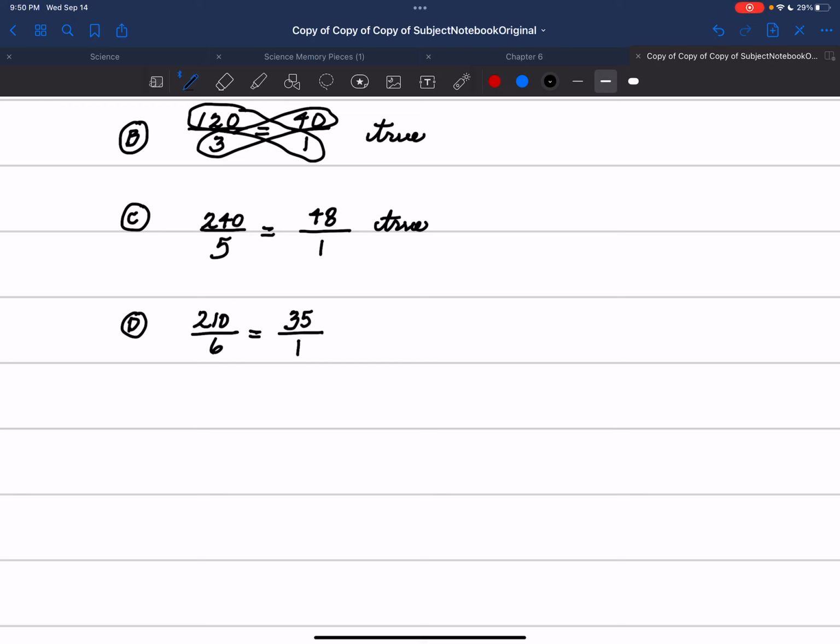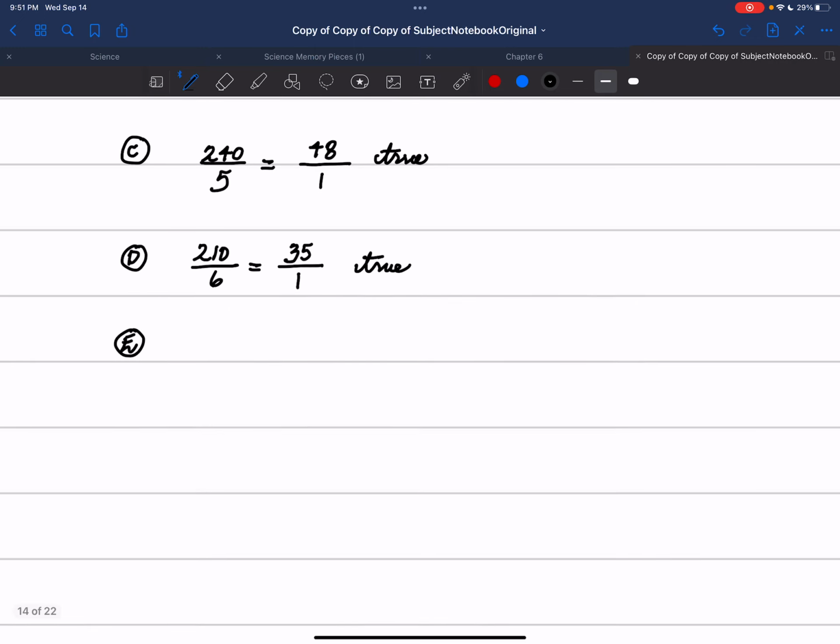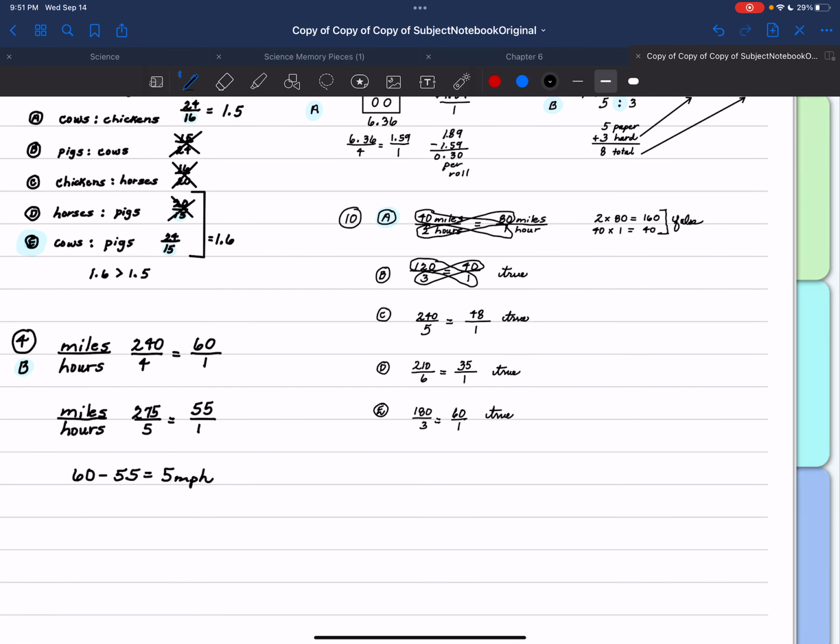So his average speed was 35 miles per hour. And finally, Millie drove 180 miles in 3 hours. So her average speed was 60 miles per hour. That is true as well. So I believe that the answer to number 10 is A.